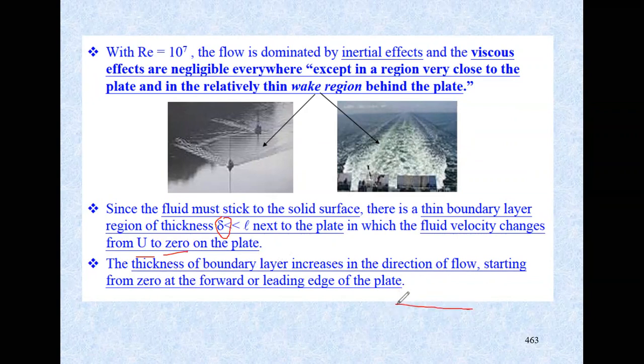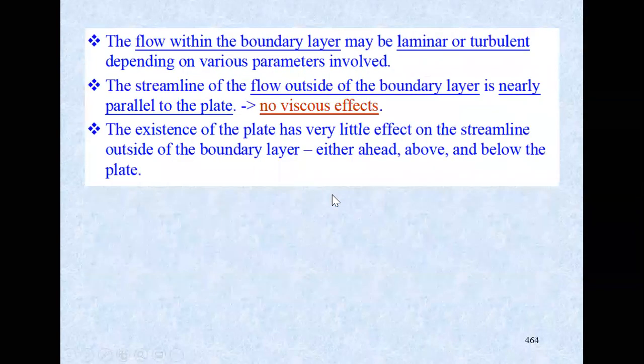So like in our case, we have this. So this is delta. And delta is increasing along the x direction. The flow within the boundary layer can be laminar or turbulent, depending on the parameters involved.